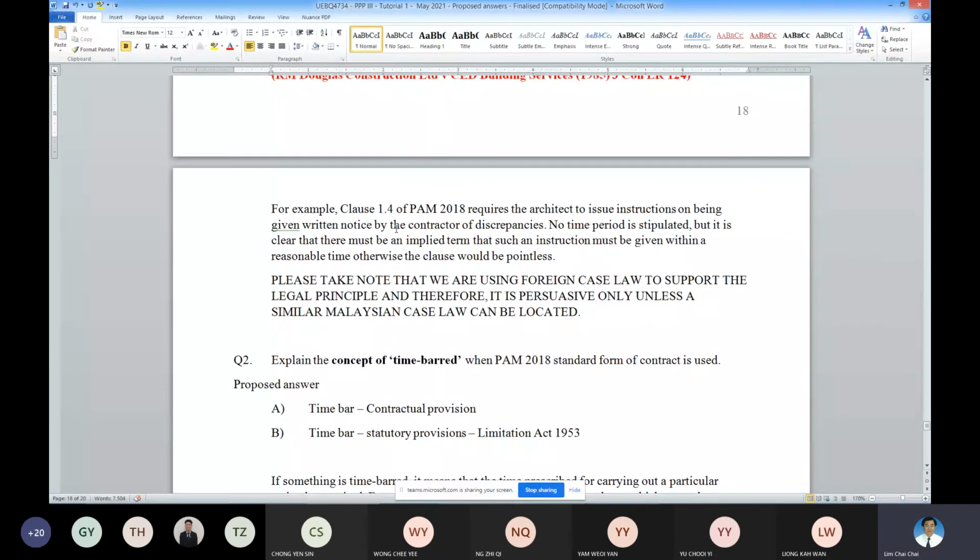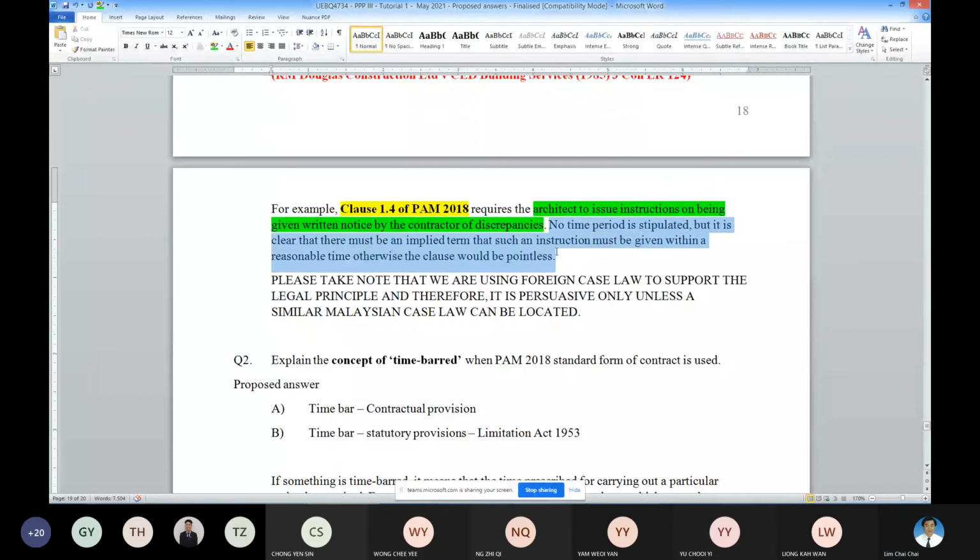For example, under your PAM 2018 clause 1.4, the architect is to issue instructions on being given notice by the employer of the discrepancies, but there is no period or time stated for the architect to reply. No time period stated. So then how long? The answer is that a reasonable time needs to be implied.